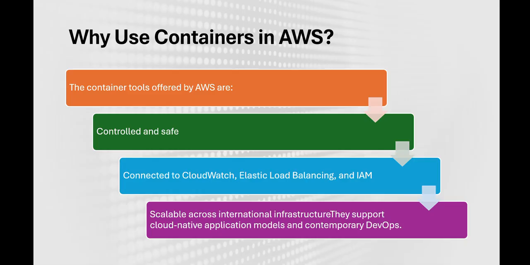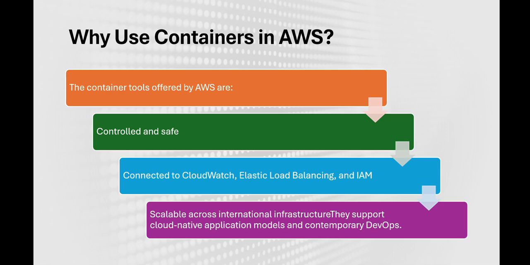And next part, why use containers in AWS? The container tools offered by AWS have three points. First one is control and safety, connected to CloudWatch, Elastic Load Balancing, and IAM. Scalable across international infrastructure. They support cloud native applications, models, and contemporary DevOps.